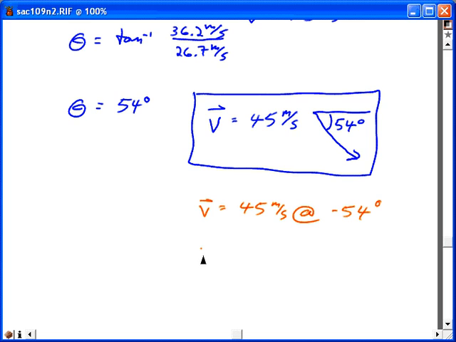You could have also written it as V is equal to 45 meters per second at 360 degrees minus 54 degrees. I get 306 degrees. The positive sign means counterclockwise with respect to the positive x-axis, and indeed that is 54 degrees all the way around.